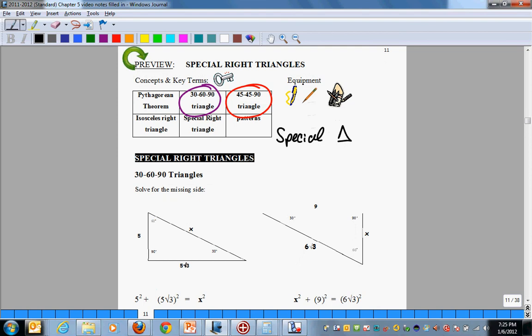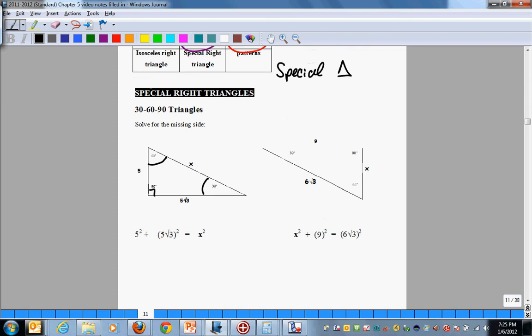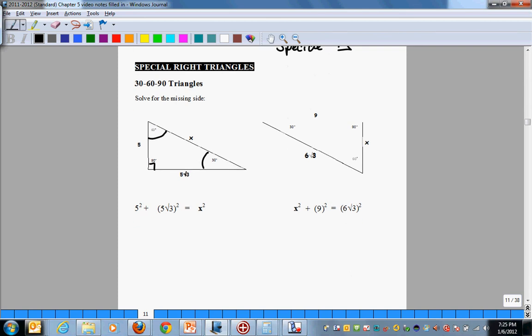Let's try the 30, 60, 90 triangles first. Let's try using the Pythagorean theorem. Here's a 90 degrees, here's 30, here's 60. One leg is 5, the other leg is 5 root 3, and the hypotenuse is unknown. So we're going to solve using the Pythagorean theorem. 5 times 5 is 25. 5 root 3 squared is 5 root 3 times 5 root 3.